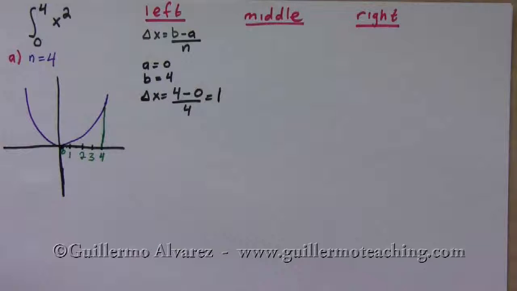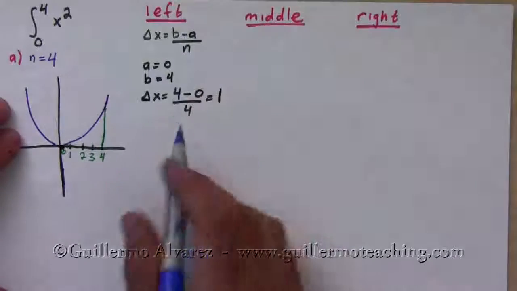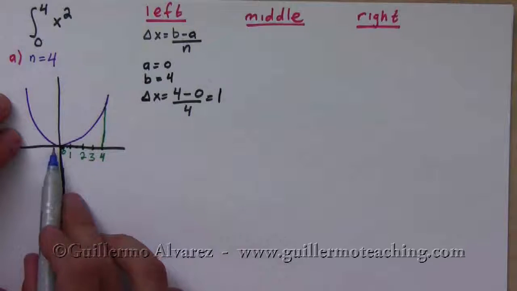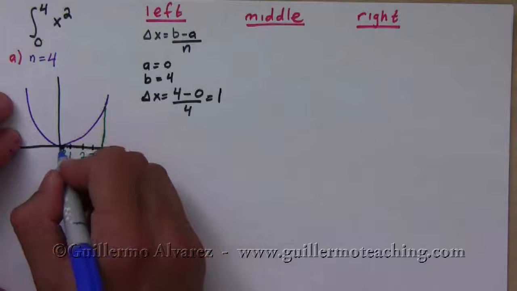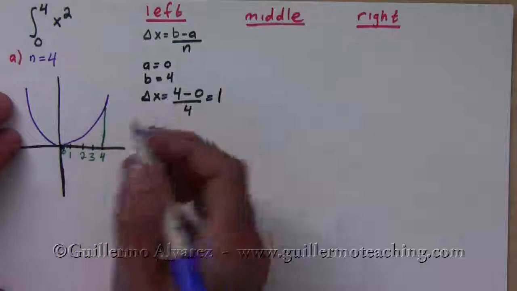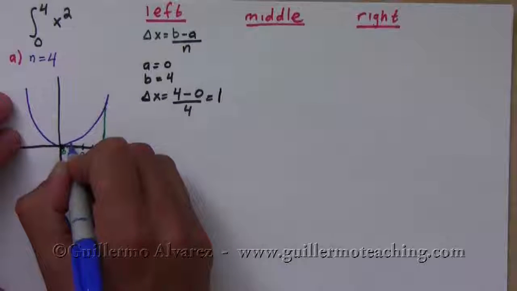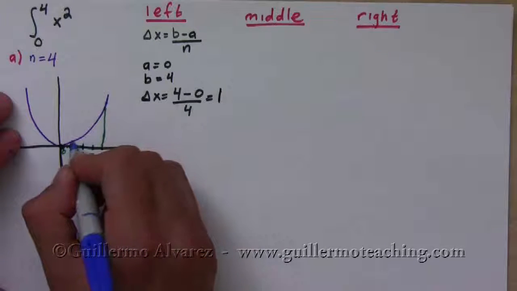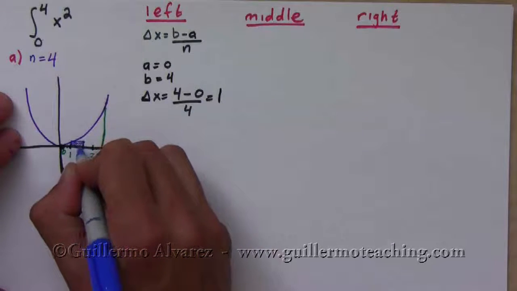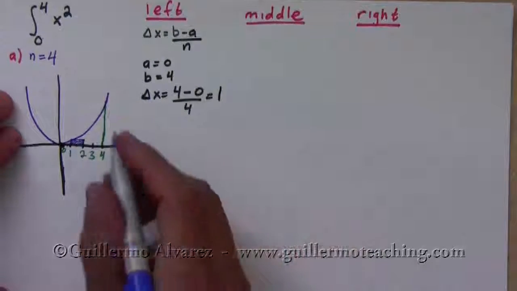Okay, so why don't we draw this picture? Since we're going to do the left one first, let's draw the picture of what the left-hand approximation looks like. So here, my first value is 0, so I go up to 0. Well, the function at 0 is equal to 0, so I have no rectangle there. But then at 1, I go up to the graph and then across, and I'm going to find the area of that rectangle.